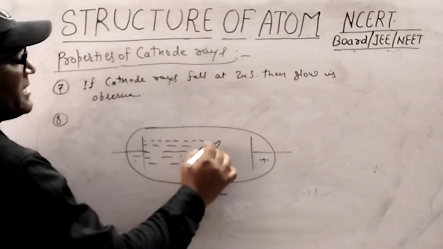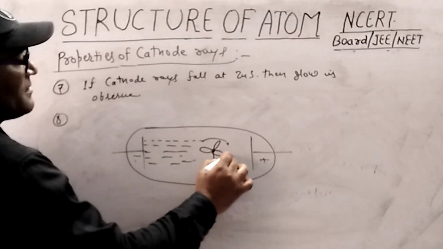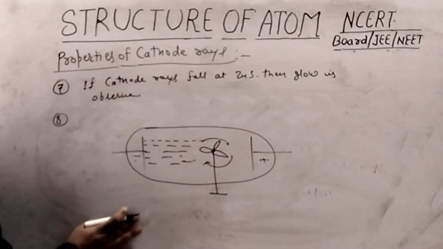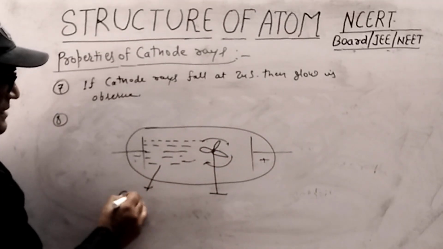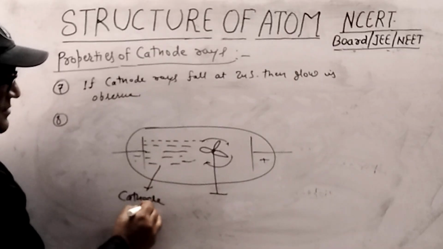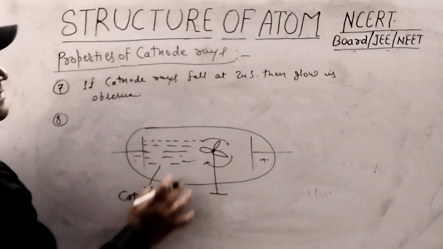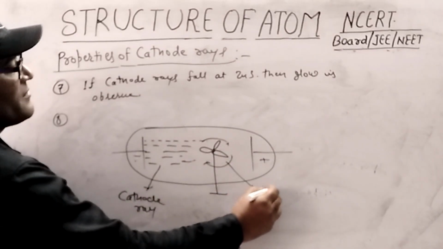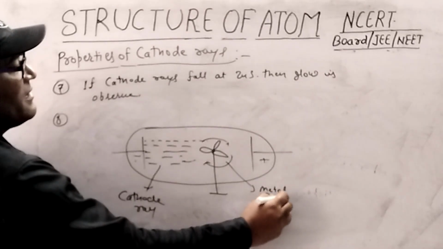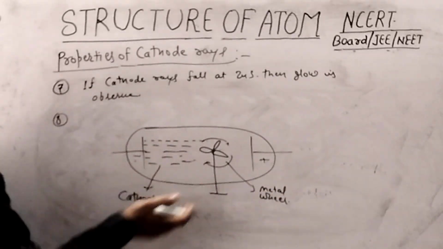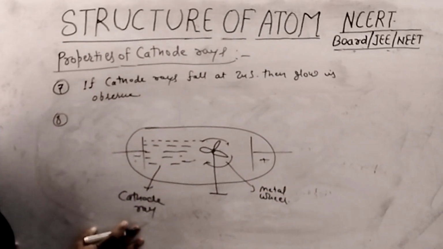Whenever cathode rays strike a light metal wheel, the metal wheel will rotate. This is the mechanical effect of cathode rays. So you can take a screenshot.